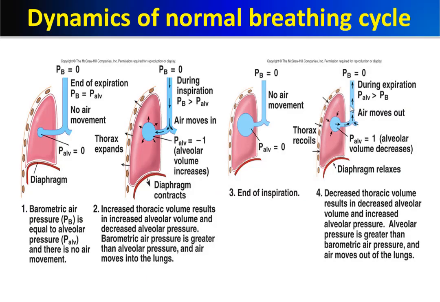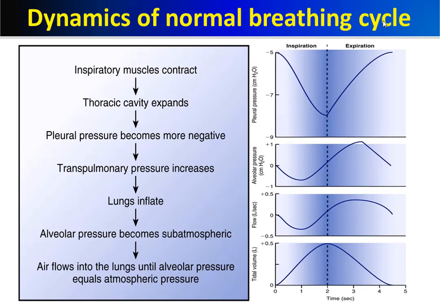So this is a summary of the dynamics of the normal eupneic breathing cycle at sea level. And this figure summarizes the changes in the pleural pressure, the alveolar pressure, and airflow, and the volume of air which gets in and out during the normal breathing cycle.